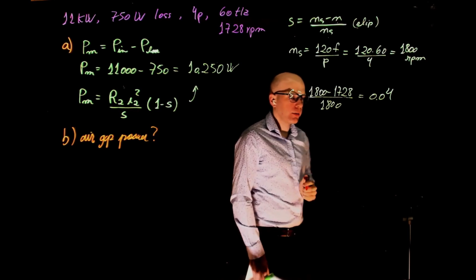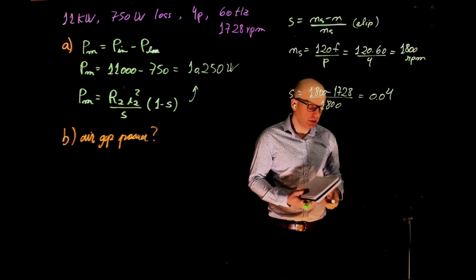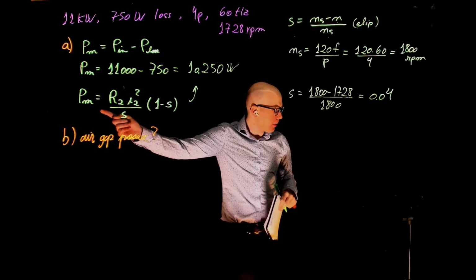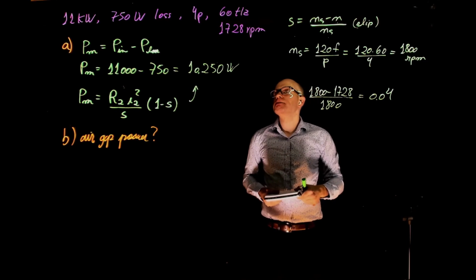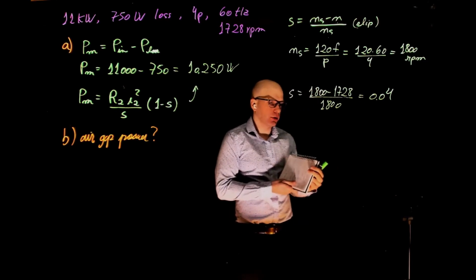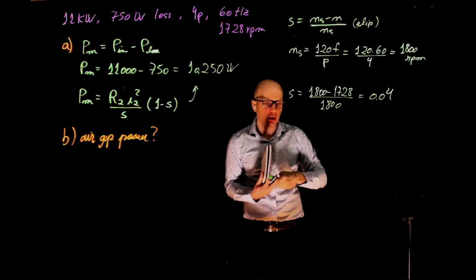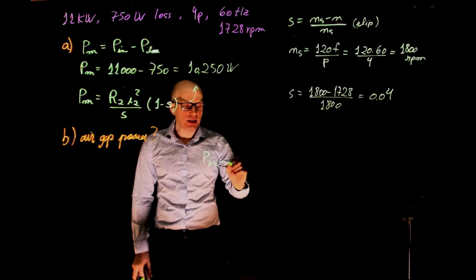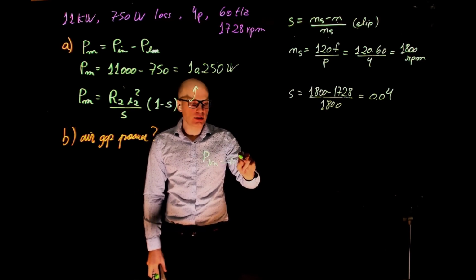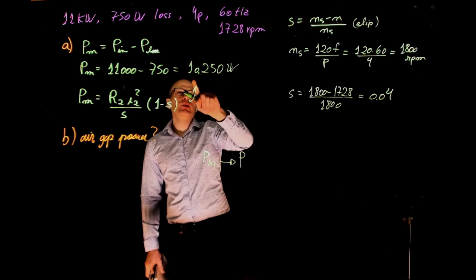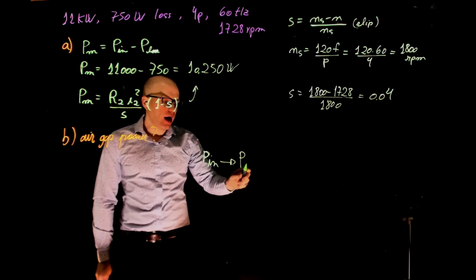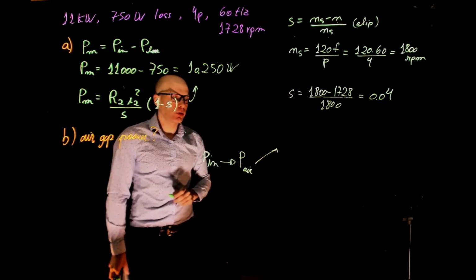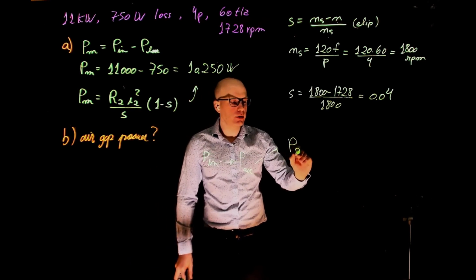What is the air gap power? Let me just ask you this, a simple question. Is this air gap power smaller or greater than this PM? Smaller. Why is that smaller? Let's recap in which way the power is flowing. We have a power going in. Then part of this power going in is dissipated in the core loss, and then part of that goes away. That's what we established here. And then we have power crossing the air gap. Part of this crossing the air gap is dissipated in the rotor.